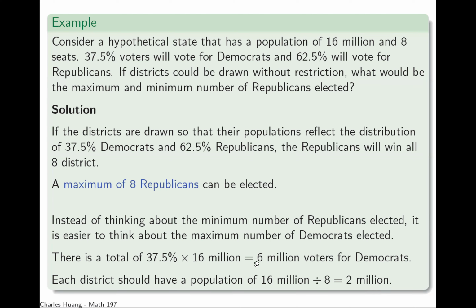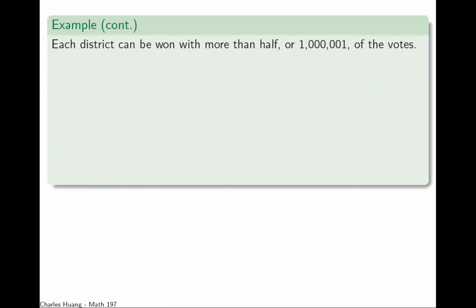What we want to do is distribute these 6 million voters so that they win as many districts as we can. Now, each district has 2 million people in it. To win, we don't need to have 2 million. We just need a little bit more than half. Half is 1 million. A little bit more than half is 1,000,001 votes.